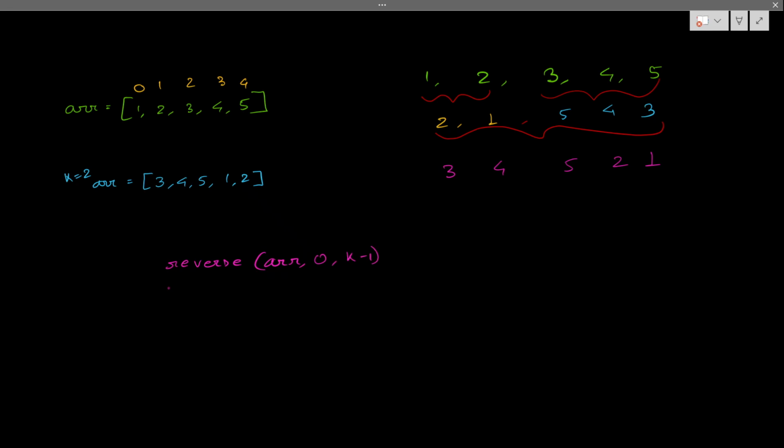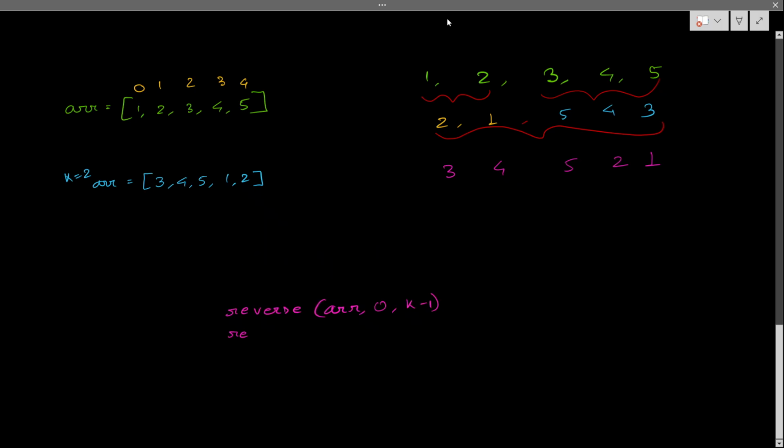Okay, and again I'll do reverse. Before that, let's find out the k and reduce the value of k. So n equals arr length, and k will be k modulo n.